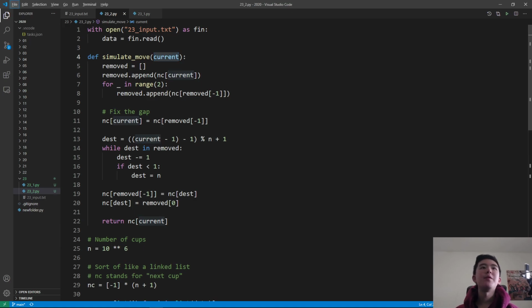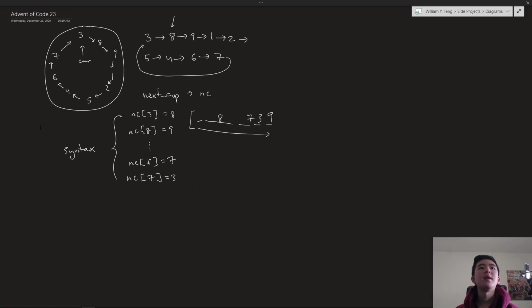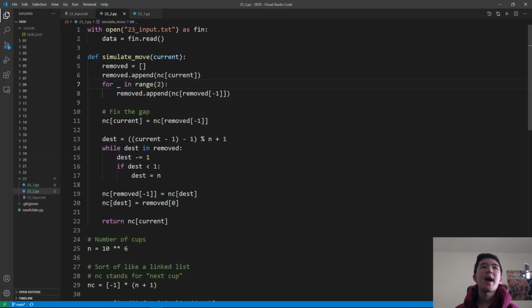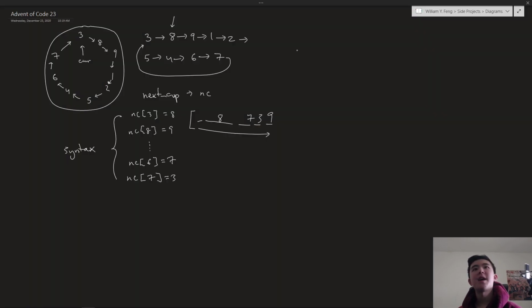Okay. We still have a removed list as well as a destination. So we're going to go through the steps one by one. First, we need to look at the 3 elements right next to the current element. To do that, we have a list of removed. So removed starts out as an empty list.